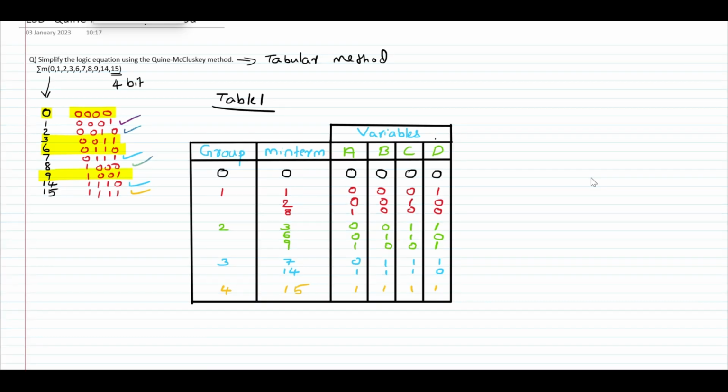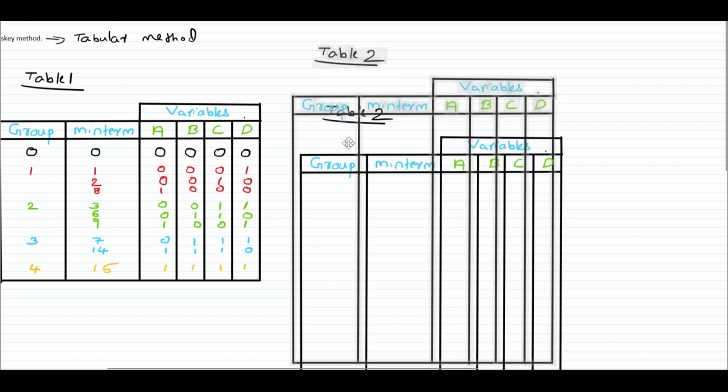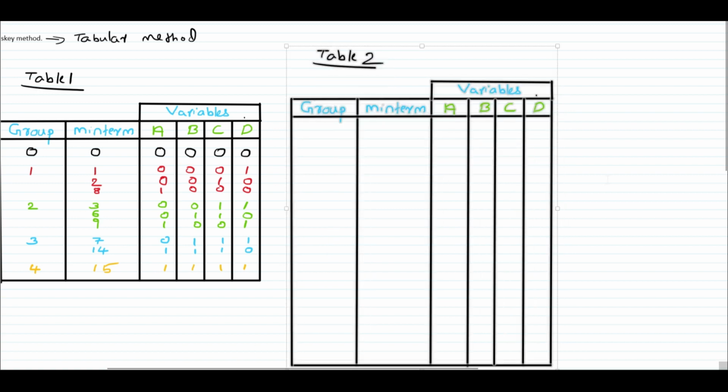Now we are going to create the next table, table 2, using the same headings. It contains the same headings, that is group, min terms and variables. So what we are going to do here is compare the adjacent groups. That means we are going to compare group 0 and group 1.